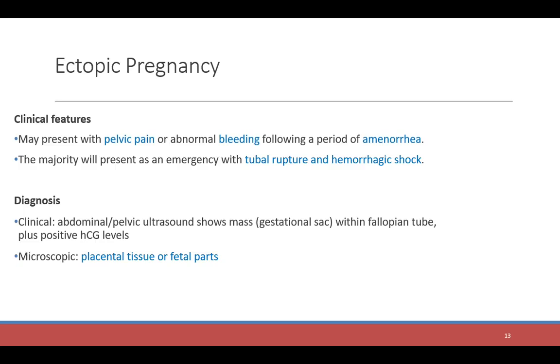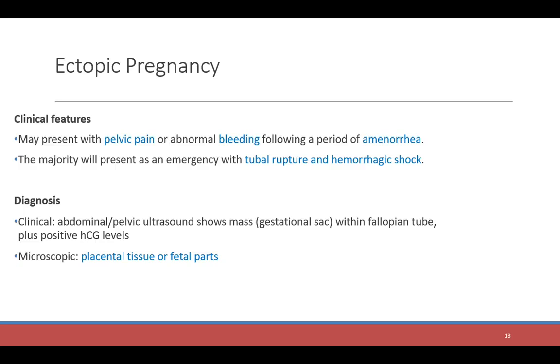In the microscopy, which is the most important part, to confirm the presence of ectopic pregnancy is to find that the area removed for examination includes fetal parts.